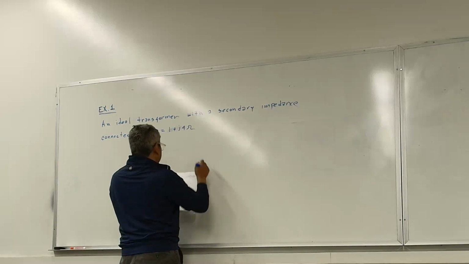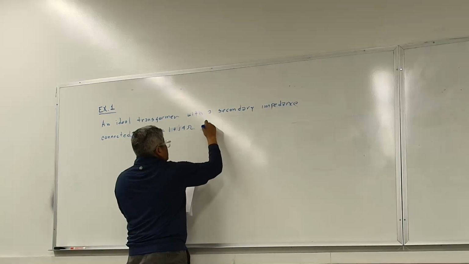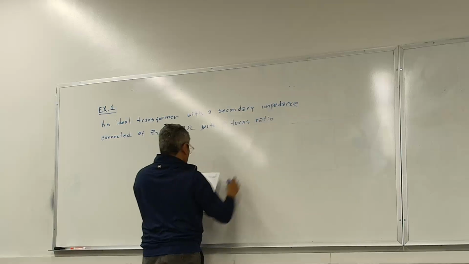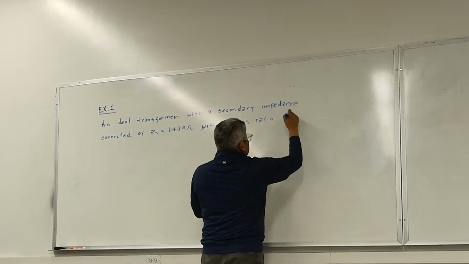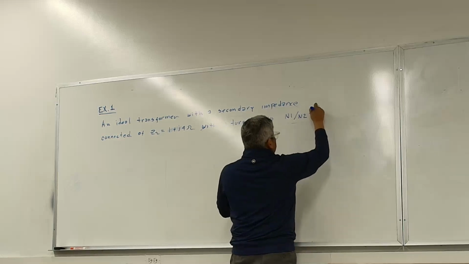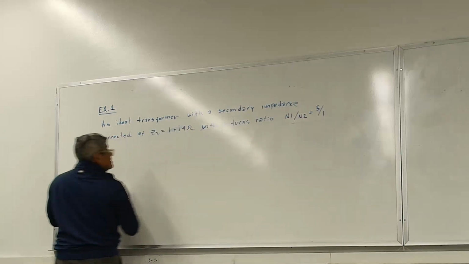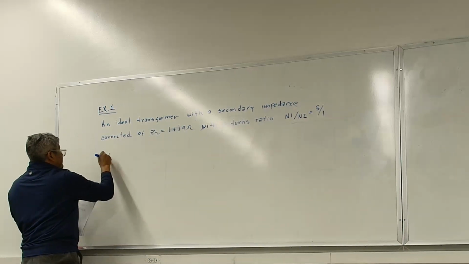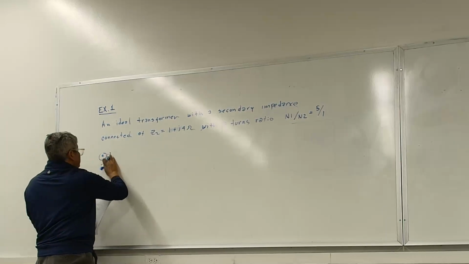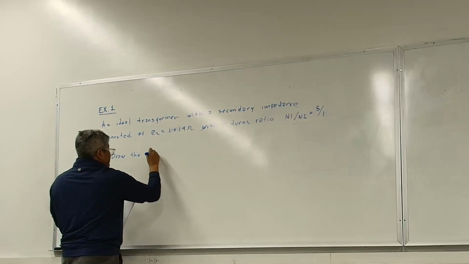The transformer has a turns ratio of N1 over N2, which is equal to 5 to 1. And we're going to say, find. This is very simple. Find, draw the equivalent circuit.